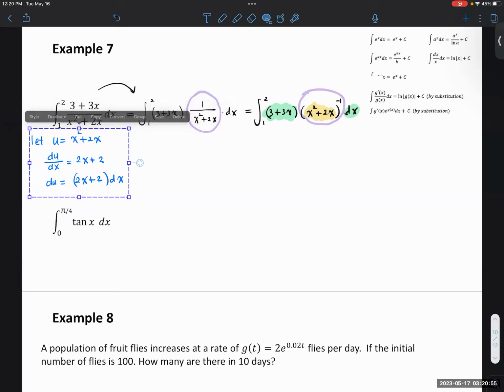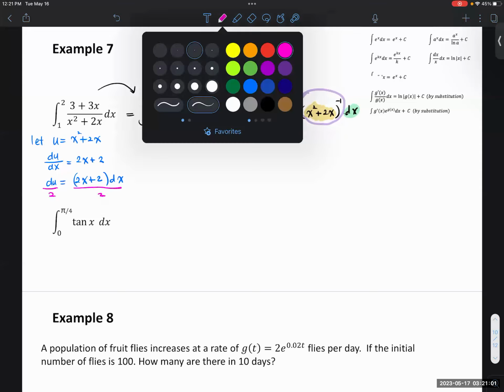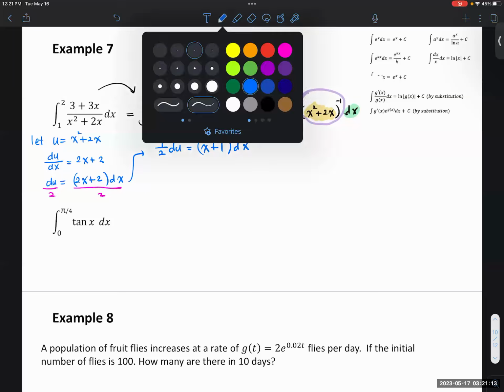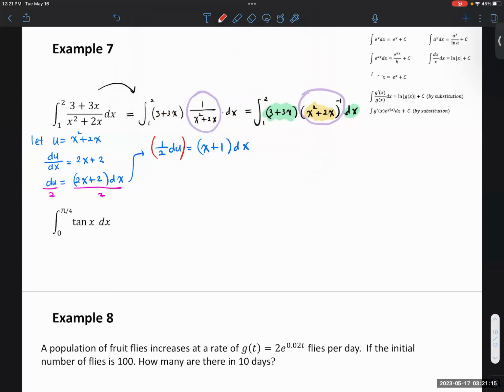I'm gonna divide by 2 everywhere first. So it is going to be 1 over 2 du equals, 2 cancel, x plus 1 dx. Are you okay? Because I divided by 2. Now you're gonna multiply 3 on both sides.